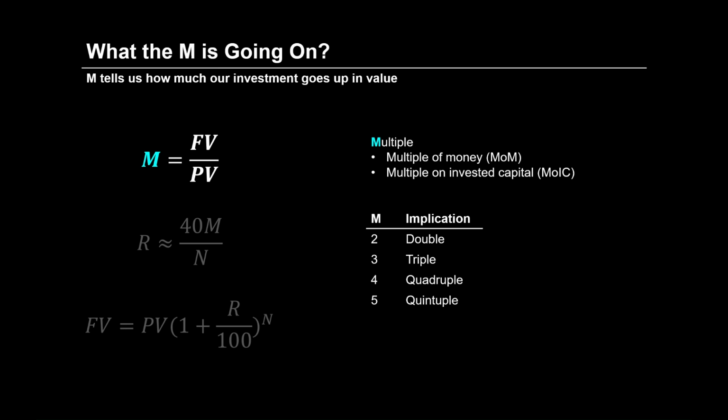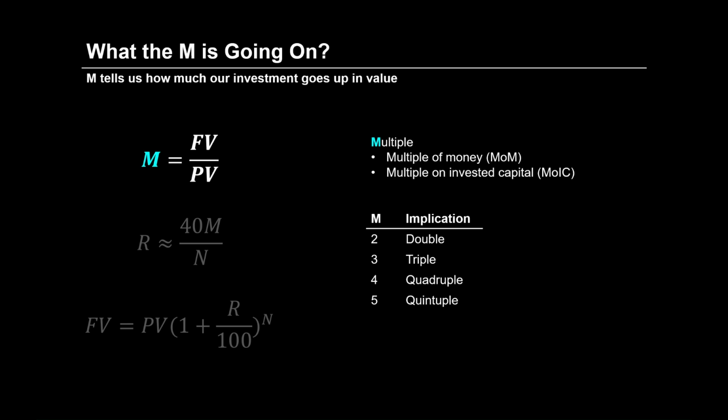Although the rule of 40M works for anything with compound growth, let's just use an example of estimating investment return. M is chosen to be the increase in value because M represents multiple. It can be the multiple of money, MOM, or the multiple on invested capital, MOIC, depending on the situation.